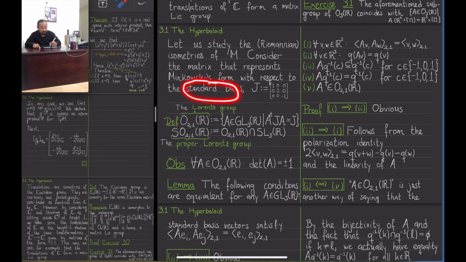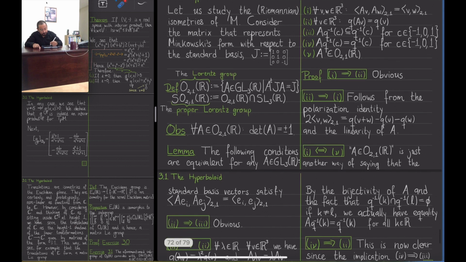This is how we took J, precisely so that its ij entry is the value of the form at e_i and e_j. So 1 implies 4 is obvious.